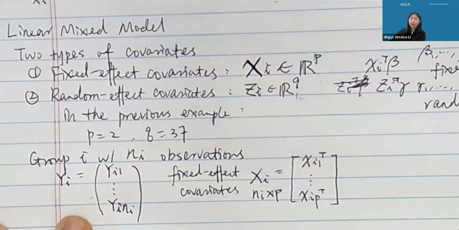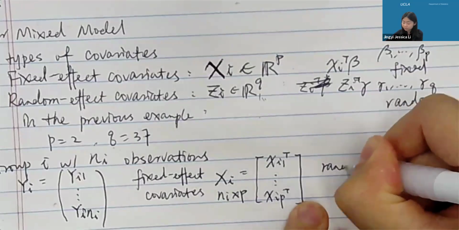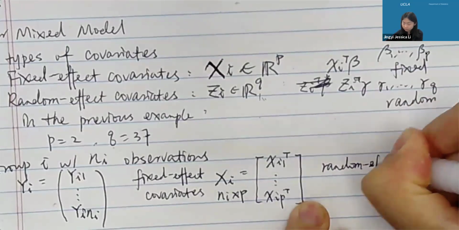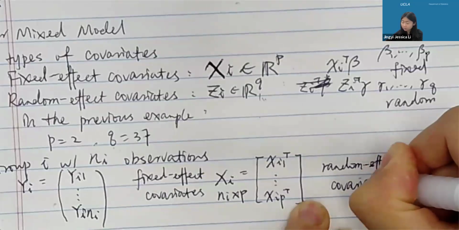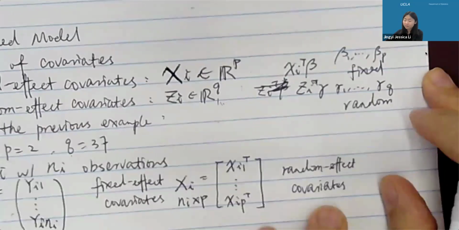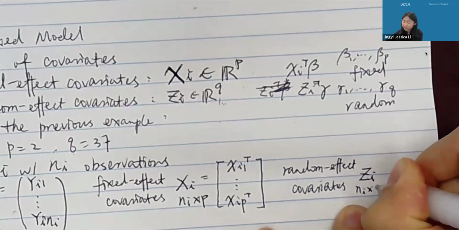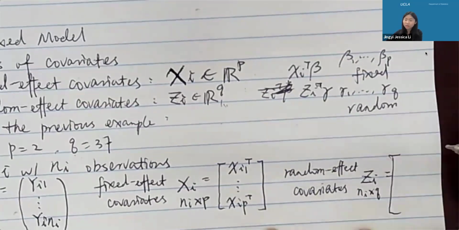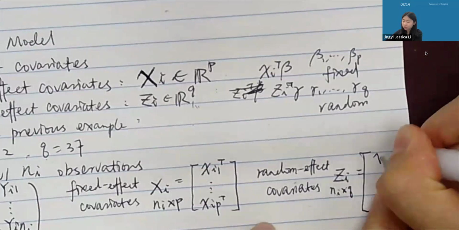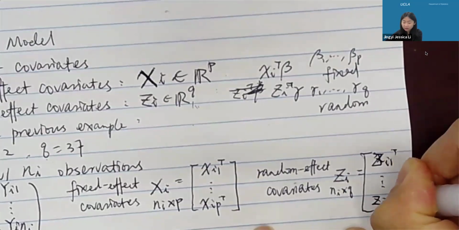Okay. And then I have random effects covariates, and I can write that as zi, that's ni by q. And I can still write it out by row to lay out the observations, zi1 transpose to zini transpose.